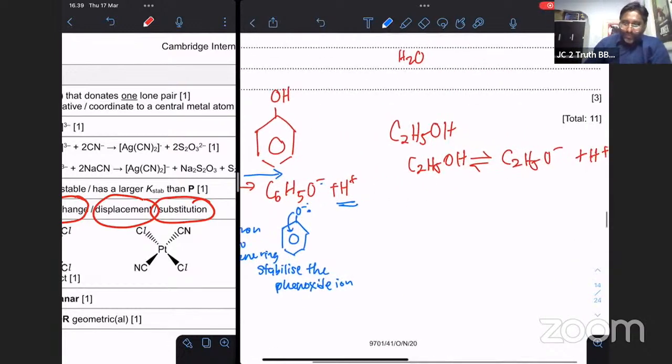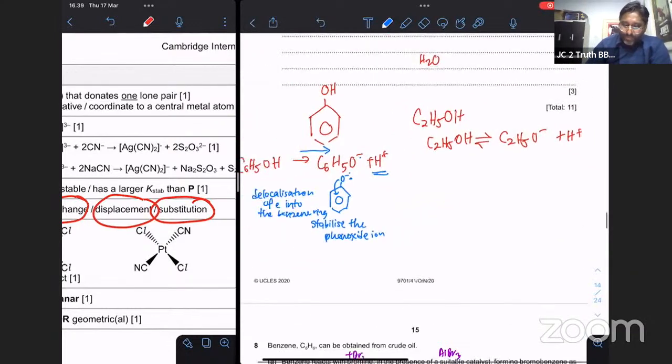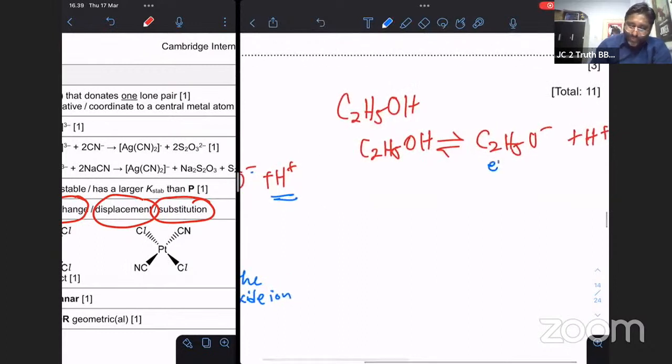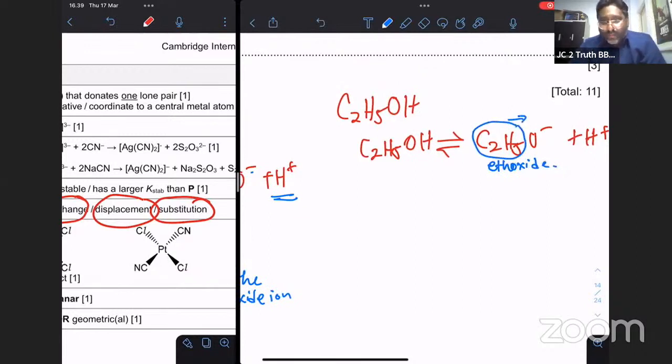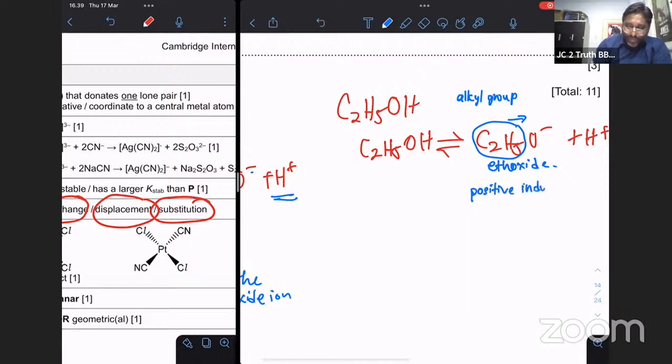But it is different when you look at ethanol, because it forms the ethoxide ion. What is the difference? They have this R group, the alkyl group, which is an electron donating group, so it gives the positive inductive effect. What is the positive inductive effect?